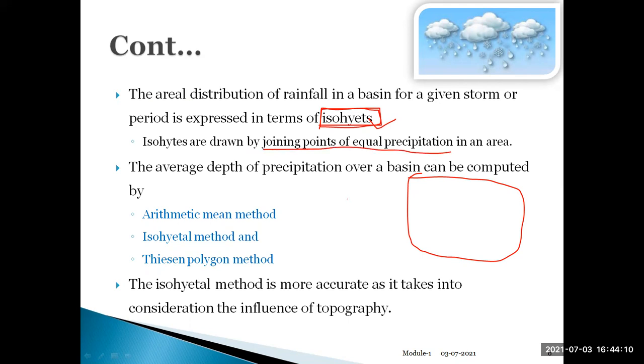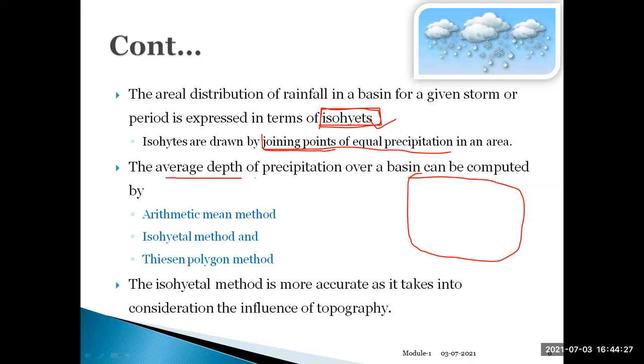A contour is an imaginary line which shows the points of equal elevation. Similarly, isohyets are the lines joining the points of equal precipitation in a particular area.